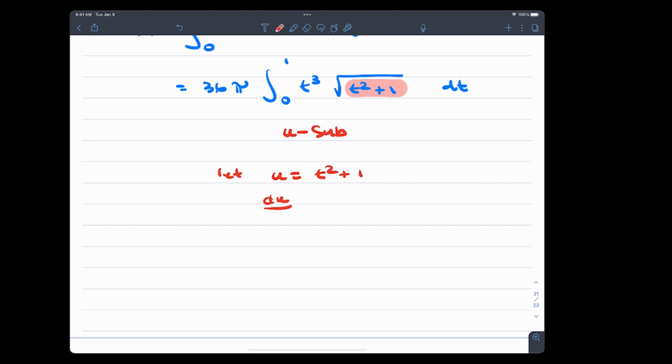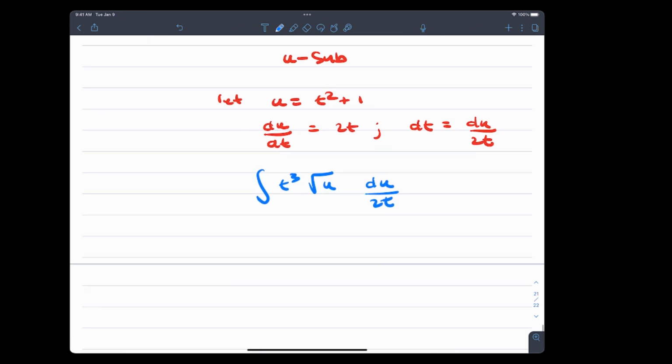Well, that means du dt is 2t. And then that means dt is du over 2t. So 2t cubed, square root of u, du over 2t.